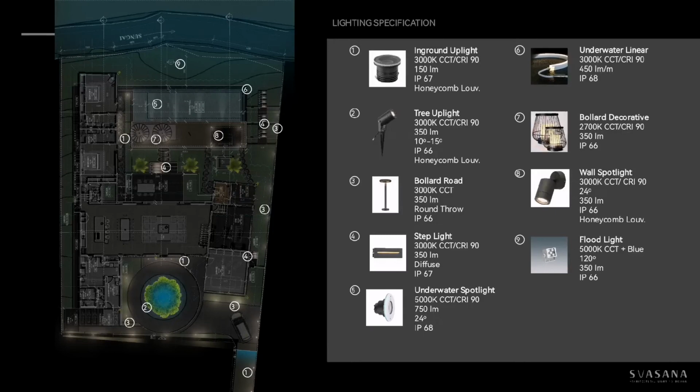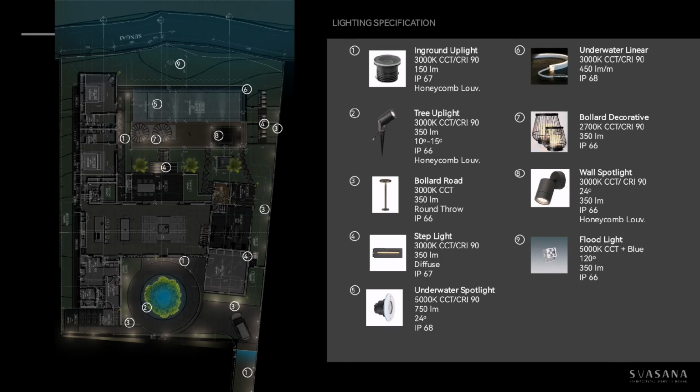That's all the main concept. Here is a bit technical with the luminaire specification. As you can see, number one is in-ground uplight to create the accent lighting for the wall and the entrance. Number two is tree uplighting for the trees. We could combine the warm white and cool white light to create a natural light and a bit of contrast between surroundings. Number three is bollard lighting for the driveway and the greeneries. Number four is step lighting, a recessed step lighting for the steps.